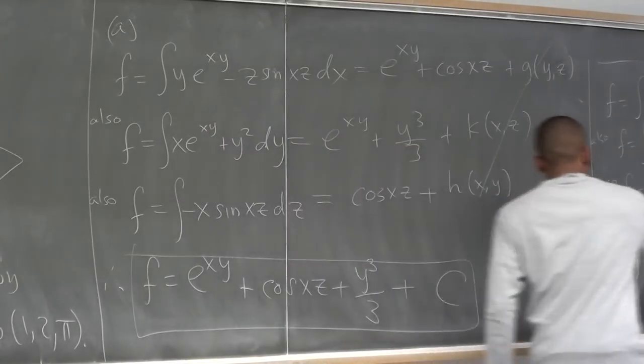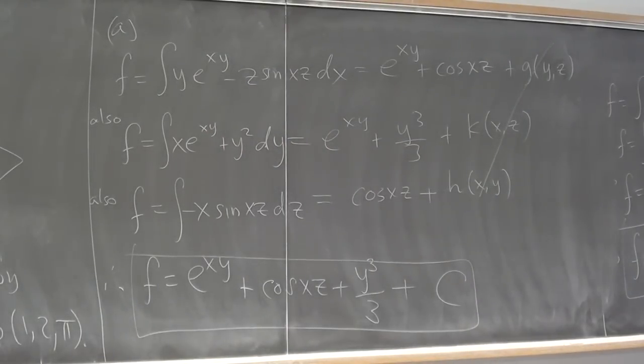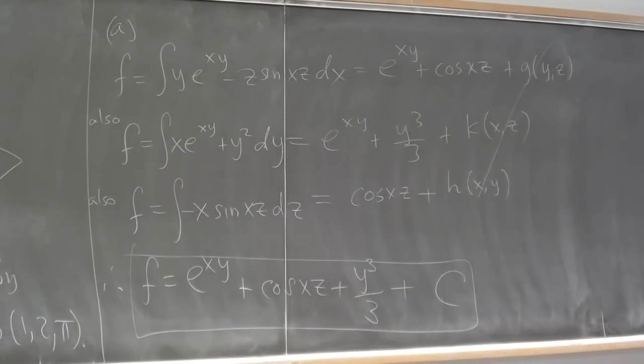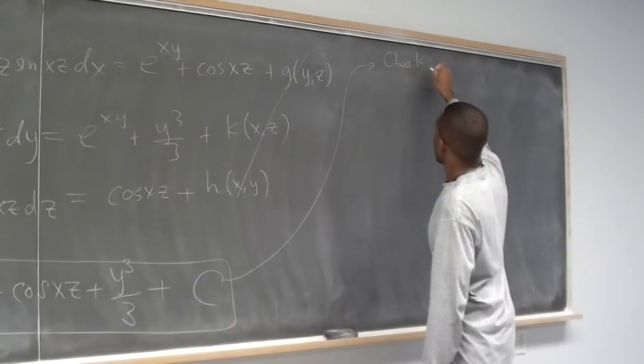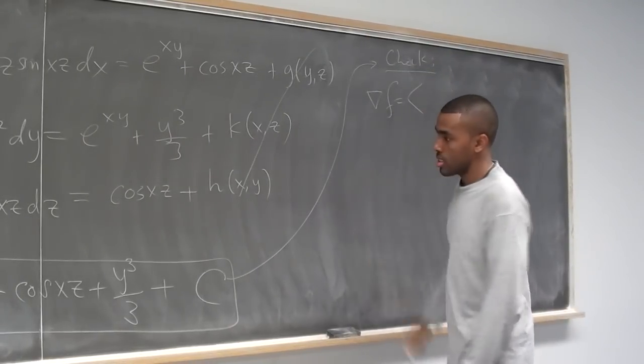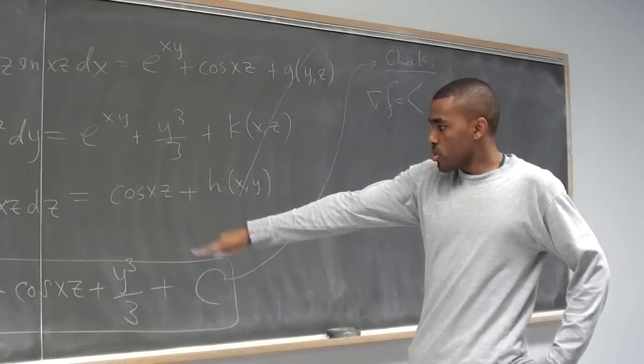Now, since I did the shortcut method, I'm going to check my work. You can write it out or just check it mentally, but you have to do a check. If I find the gradient of this guy, differentiate this with respect to x.